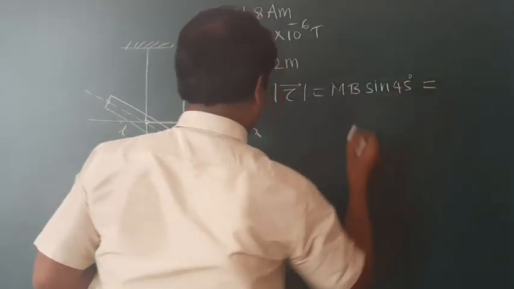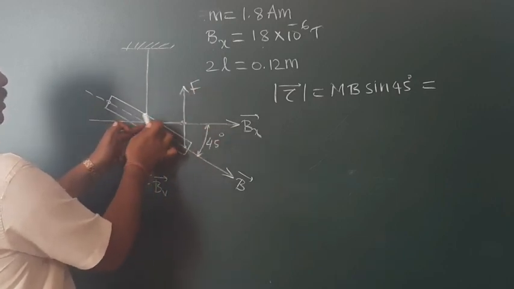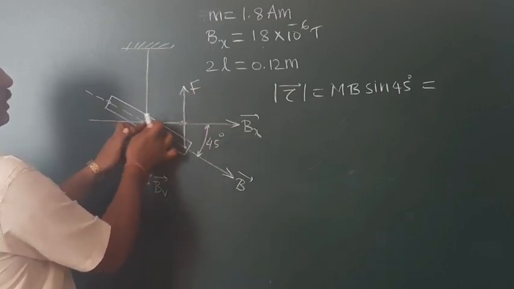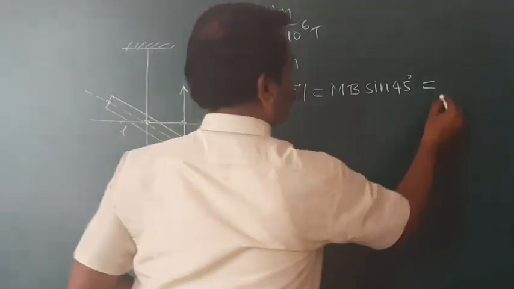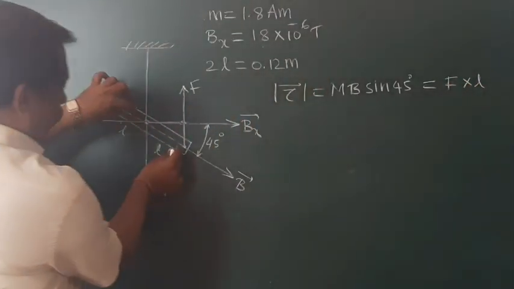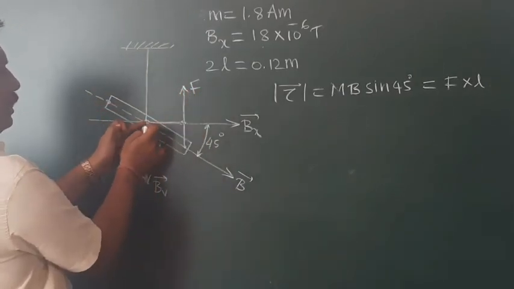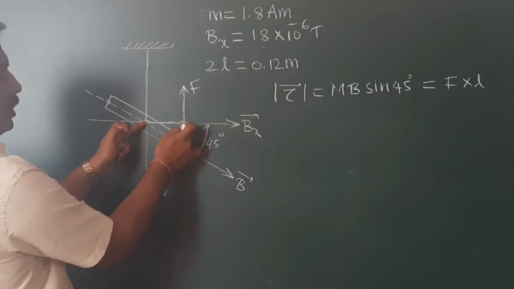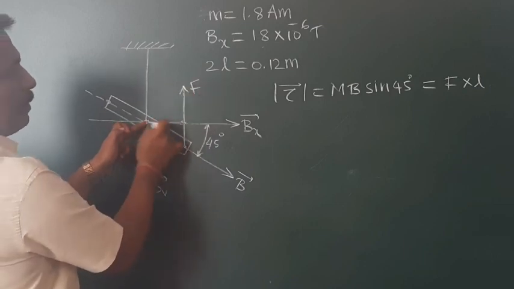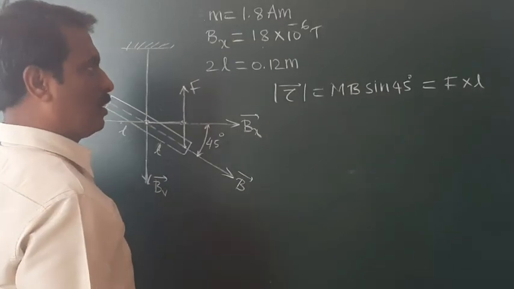This torque can also be written as force into perpendicular distance. So that can be written as F into L. When the needle comes to the horizontal position, the distance between the axis of rotation and the applied force will be L. So torque is also given by F into L.